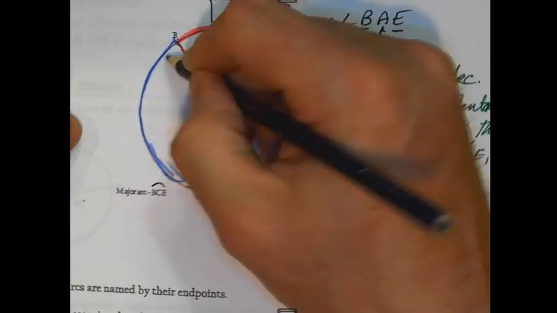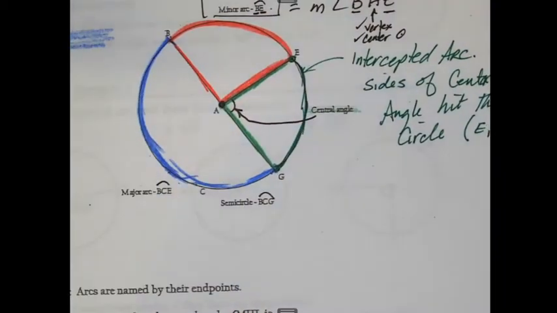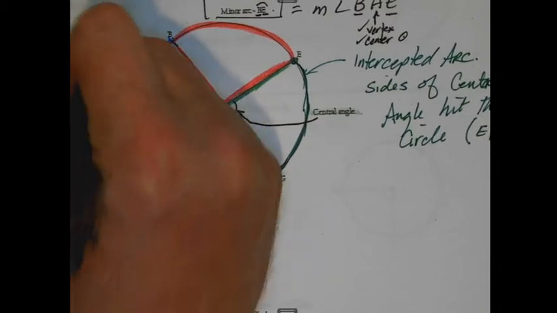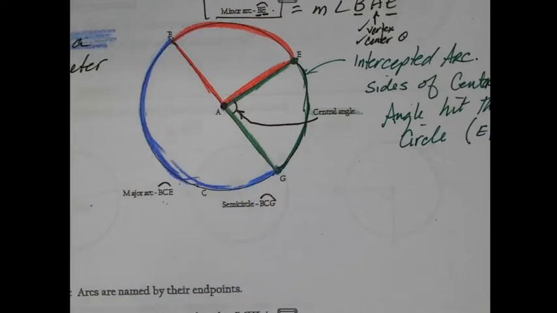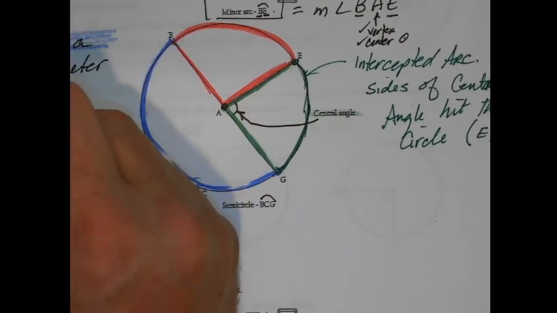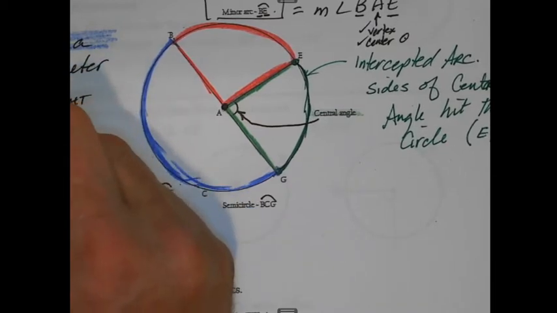So if you look at BG, BG is a diameter. It is a straight angle BAG.